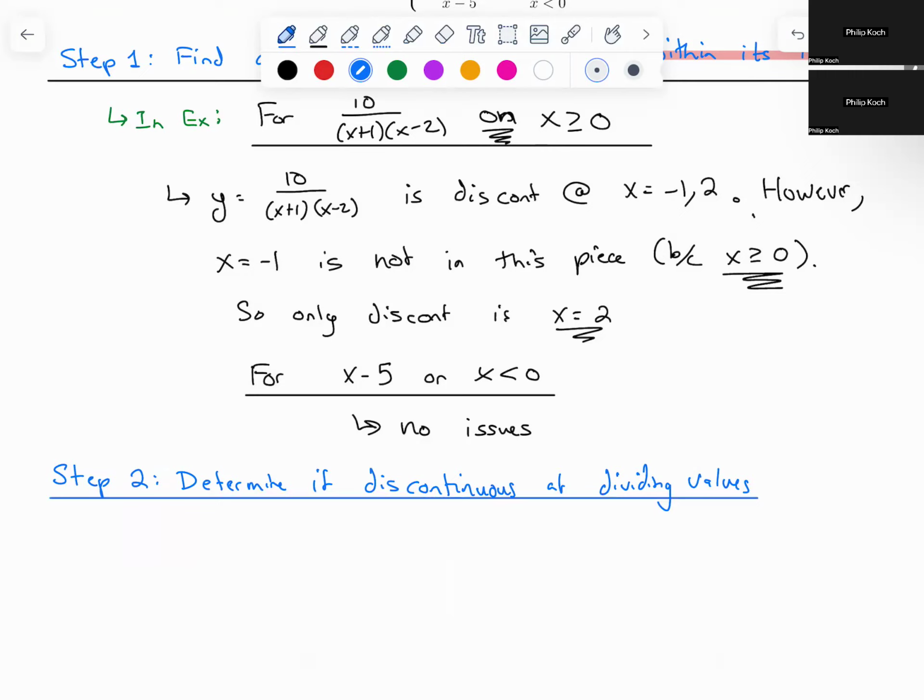Determine if you're discontinuous at the dividing values. This function only has one dividing value at 0, but there's plenty of examples where you have multiple.